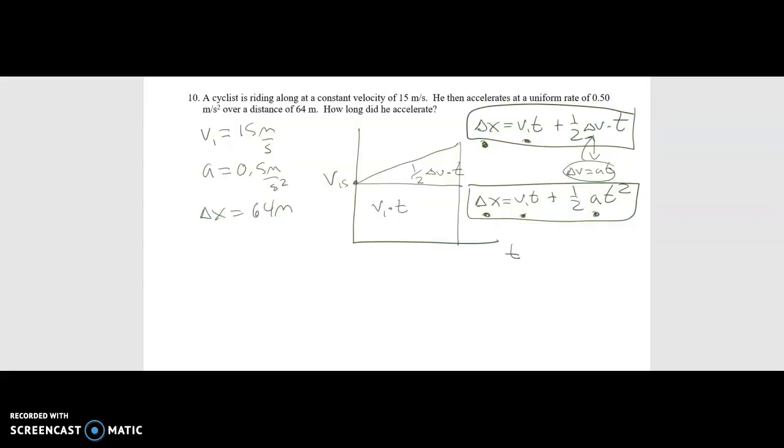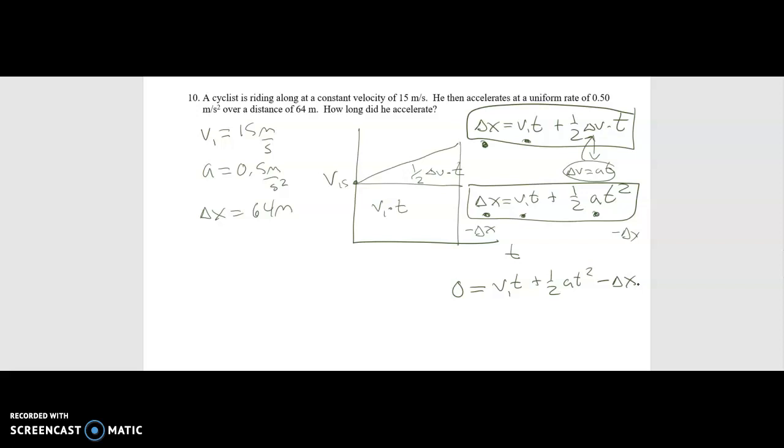So you can rewrite this. Trying to solve for t is going to get tough. I think your best bet is to subtract delta x from each side, and you end up with 0 equals v naught t plus 1/2 a t squared minus delta x.